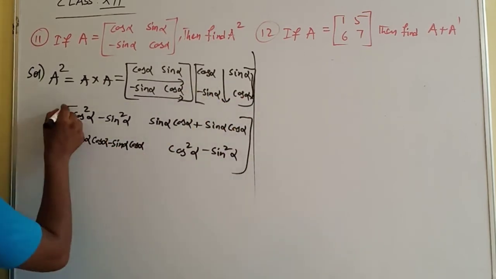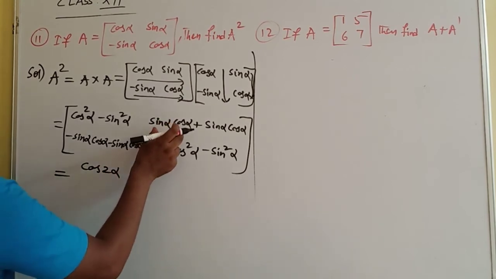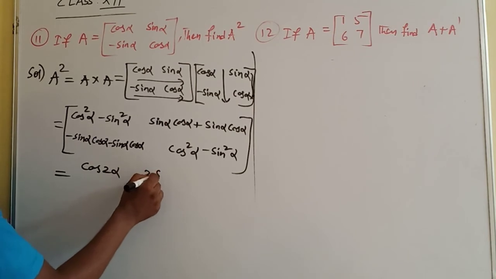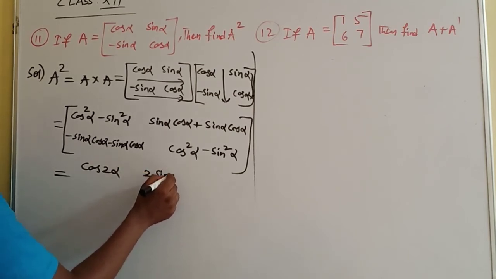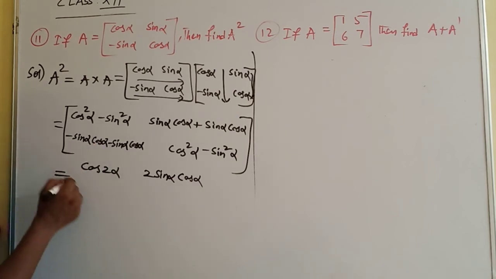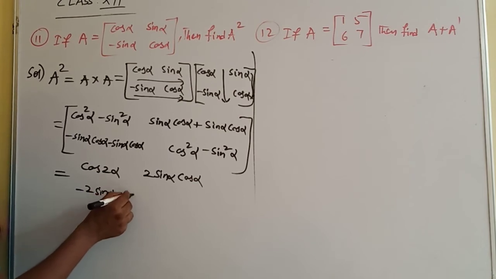So now check carefully. Cos square alpha minus sin square alpha is nothing but cos 2 alpha. And here, sin alpha cos alpha plus sin alpha cos alpha is 2 sin alpha cos alpha. Next here, minus common, then again 2 sin alpha cos alpha.